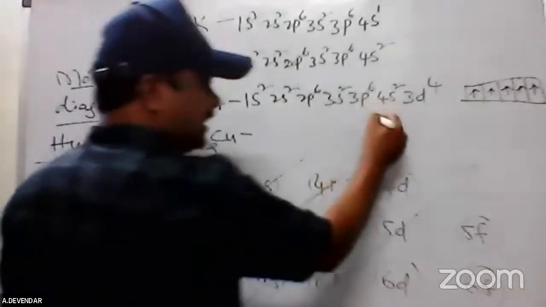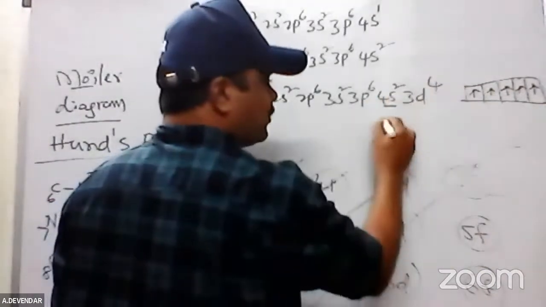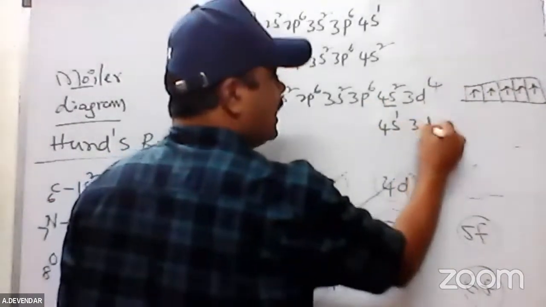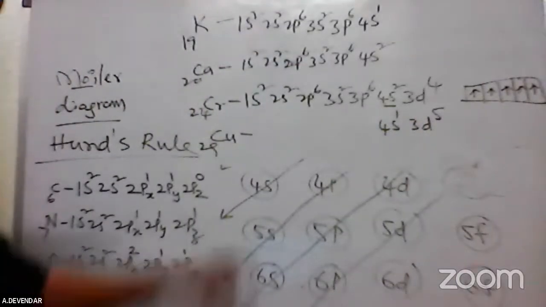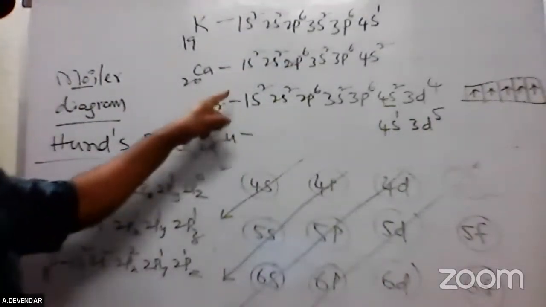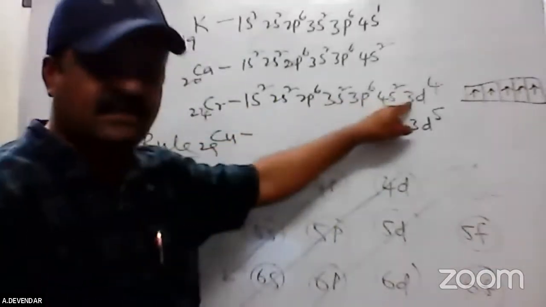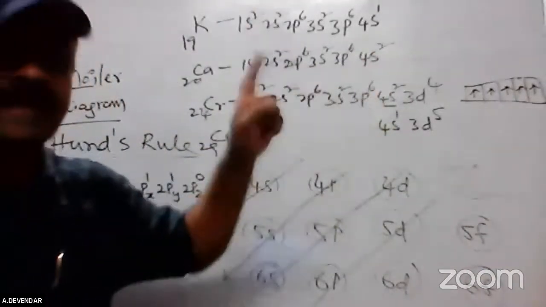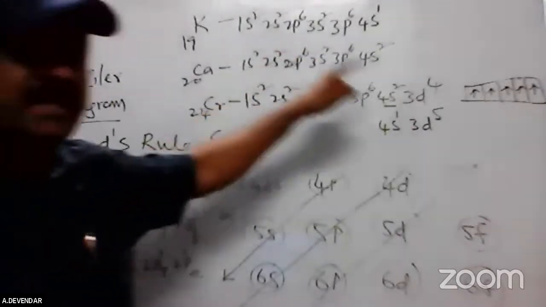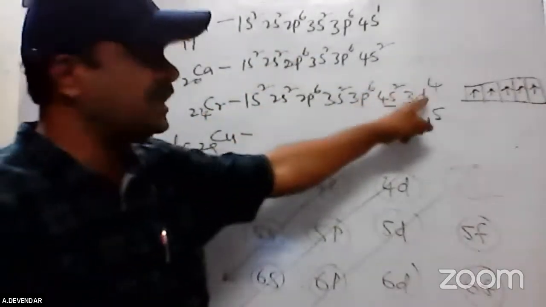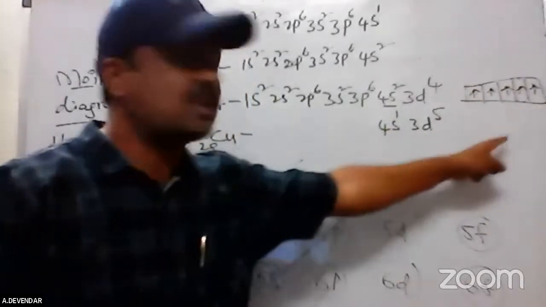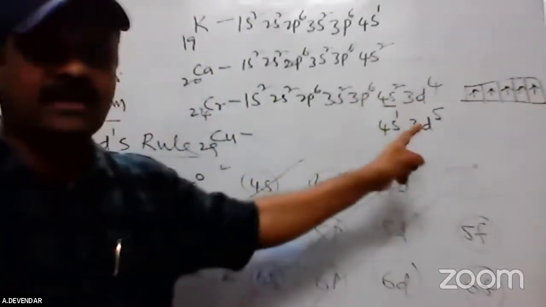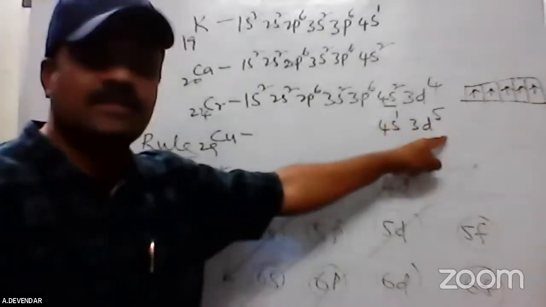Due to that, one electron from the s orbital jumps into the d orbital, giving 4s1 3d5. This is an exceptional case of chromium. The normal configuration is correct, but to attain extra stability one electron from the s orbital jumps to the d orbital. Half-filled orbitals are more stable than incompletely filled orbitals, so we get 4s1 3d5.